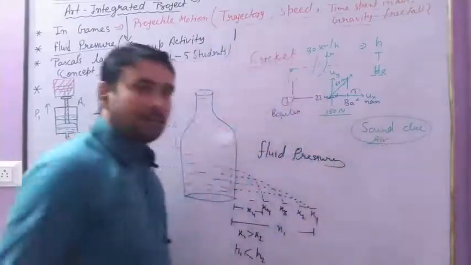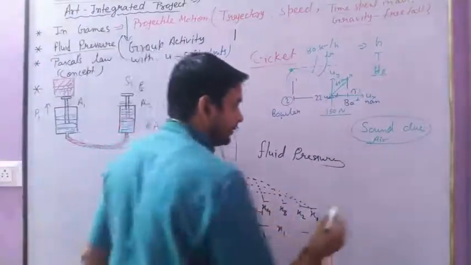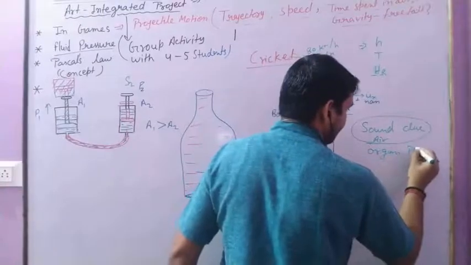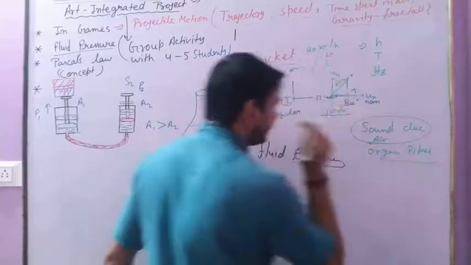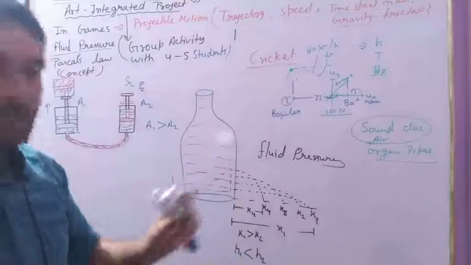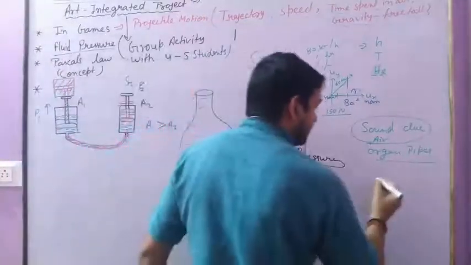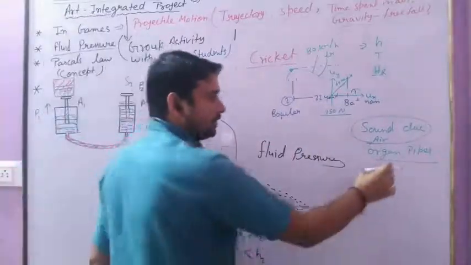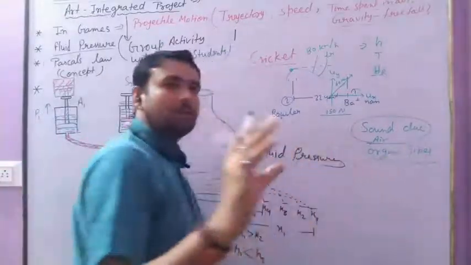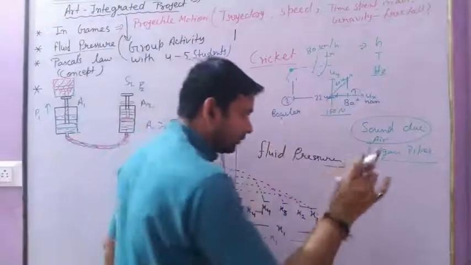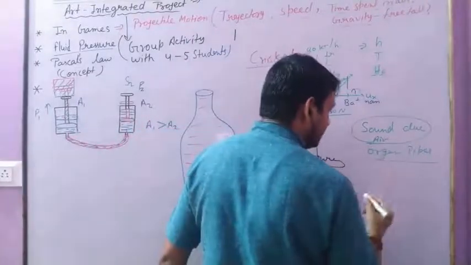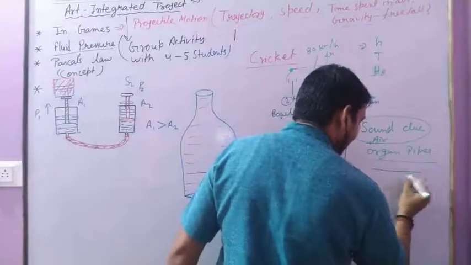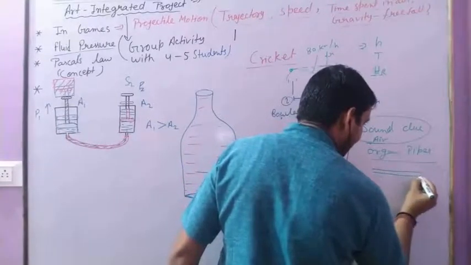Okay, in 11th class you have learned the concept of organ pipes, clear? Suppose you have a straw, any straw you can take, not only the organ pipe. If you take the straw, which is a plastic pipe you can use for drinking juice etc., suppose you have a straw like that.